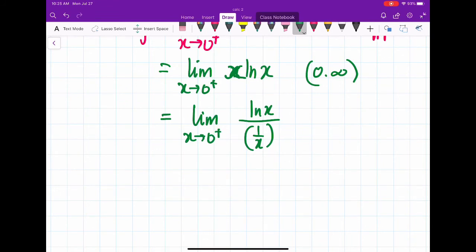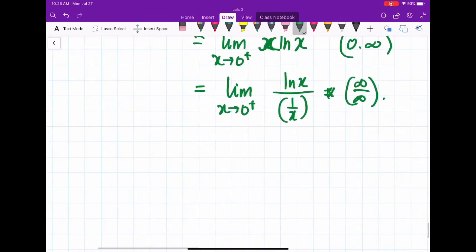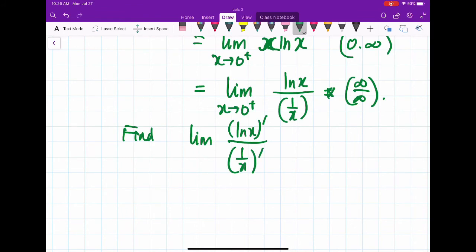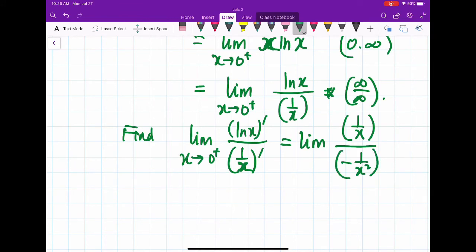Right? So I have this limit is equal to, not yet, we have the form infinity over infinity, right? And then we need to differentiate. Okay, let's find limit of ln of x derivative over 1 over x derivative when x approaches 0 from the right. You get the limit of 1 over x on the top, and here you get negative 1 over x squared when x approaches 0 from the right.